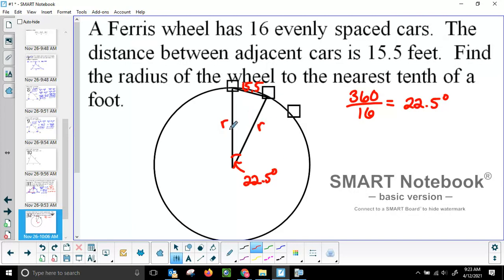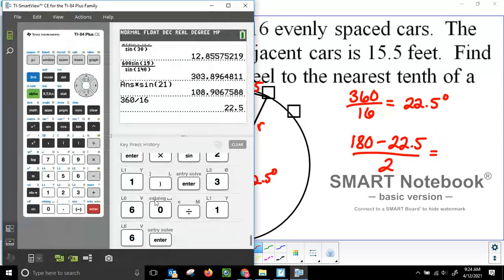The radius of a circle is constant, so this radius is the same as this radius, which means this is an isosceles triangle. In an isosceles triangle, the base angles are congruent, so I do 180 minus 22.5 and divide by 2. That gives 78.75.